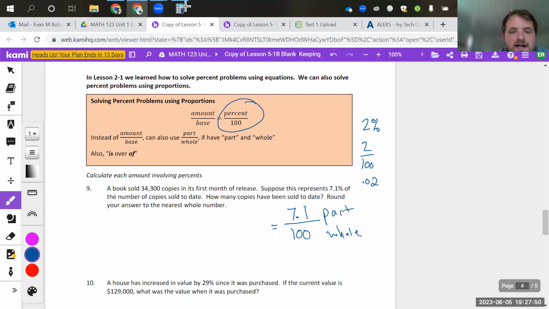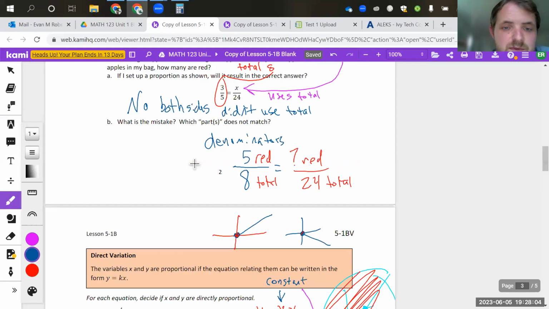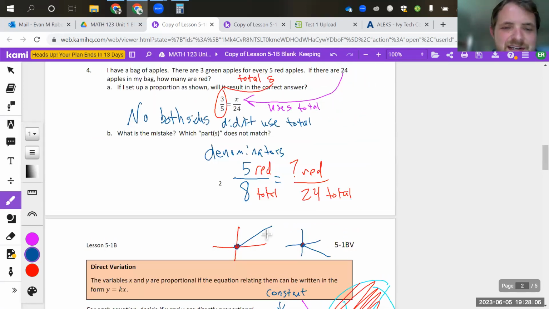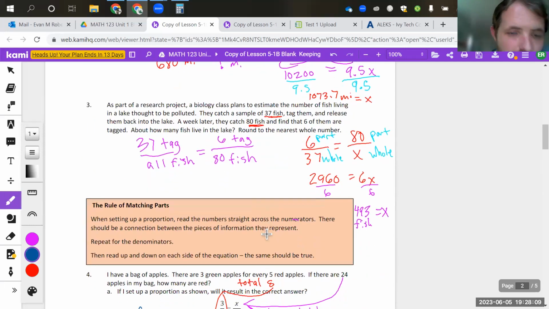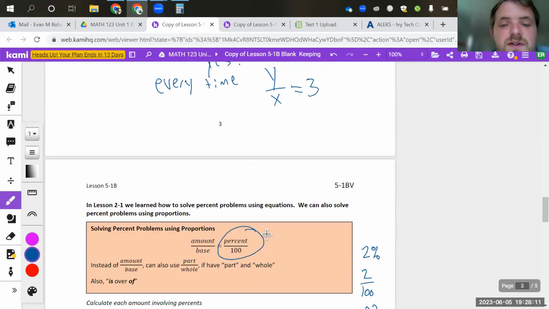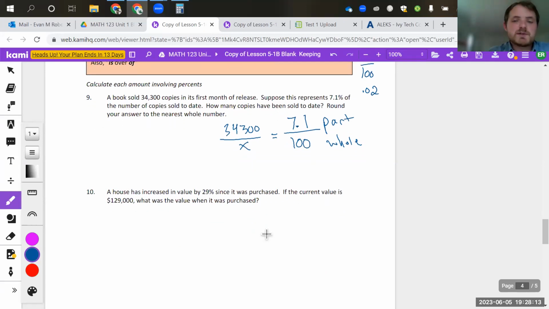And so the 34,300 is the part, again, divided by the whole number of copies sold. Basically, except for this random direct variation, this is essentially matching up the units and cross multiplying. So we want to cross multiply the 7.1 and the X, and the 34,300 and the 100.